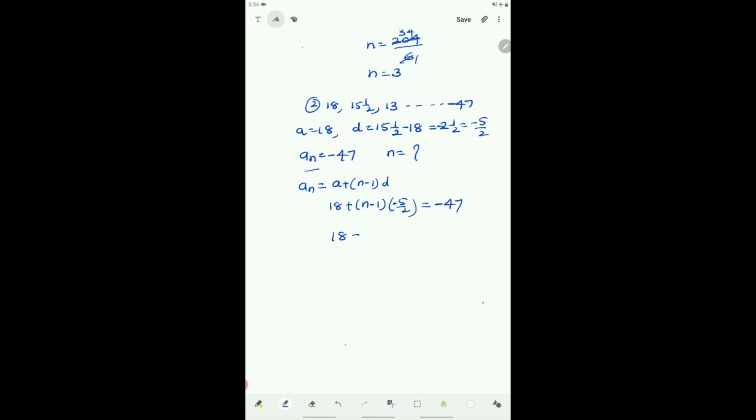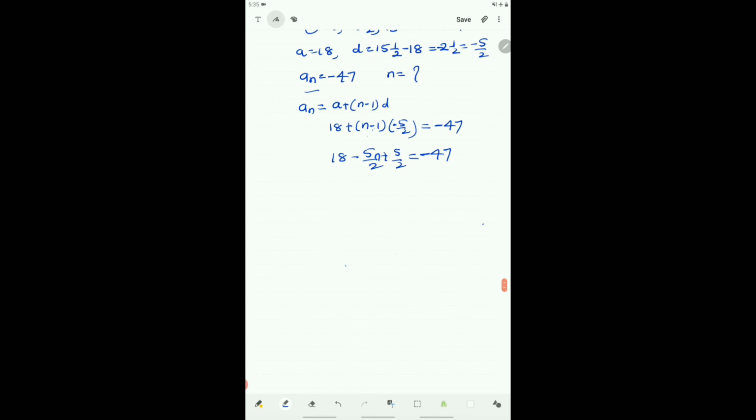Then 18 plus, here you multiply (n minus 1) by minus 5 by 2. n into minus 5 by 2 is minus 5 by 2 n. Minus 1 into minus 5 by 2 is plus 5 by 2. That equals minus 47.